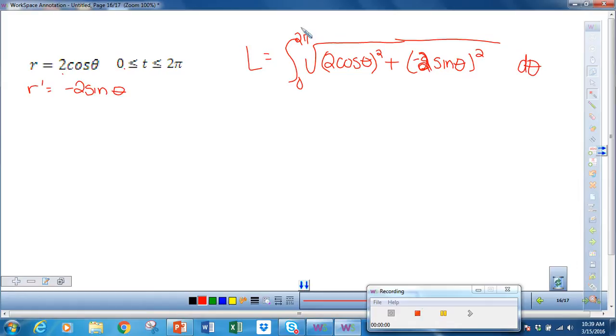Zero to 2 pi, the square root of parenthesis 2 cosine theta, close parenthesis squared, plus parenthesis negative 2 sine theta, close parenthesis squared, not comma.